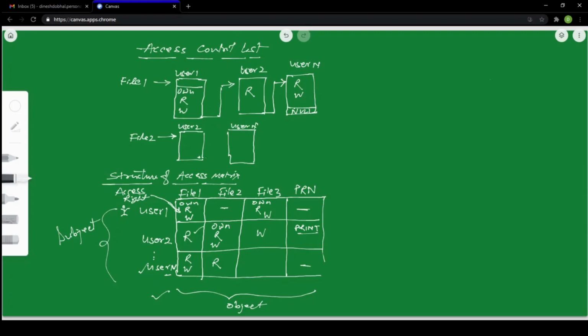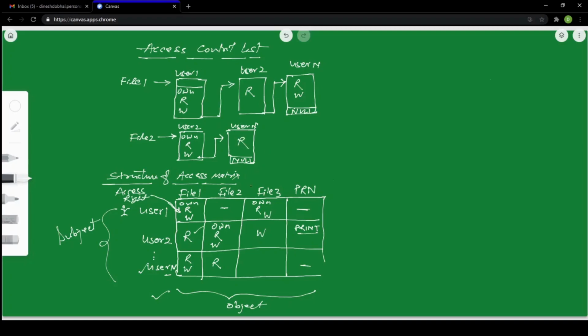These two blocks are linked together. Because this is the last block, it would contain null. Inside these blocks, the access rights are written like owner, read, and write. Similarly, the last block of this list would contain the read permission only.